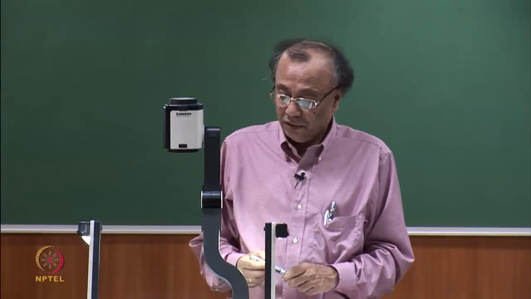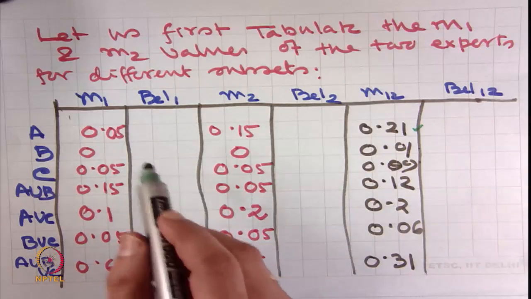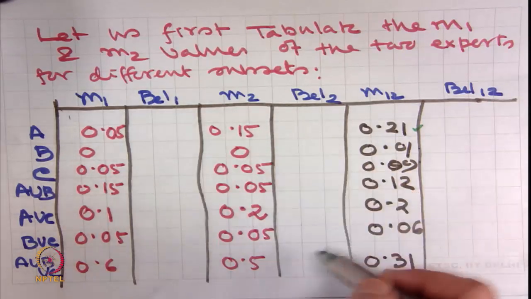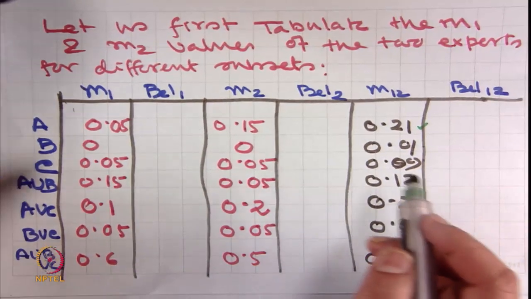Let us now look at calculation of belief, since for each one of them we can calculate the belief. For illustration, I am just showing for one of them.